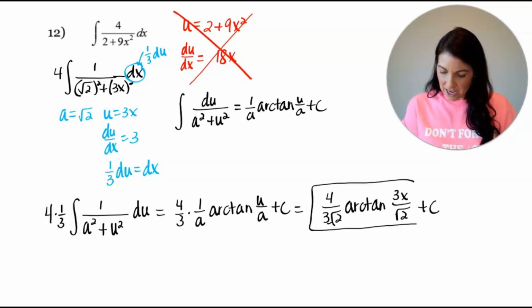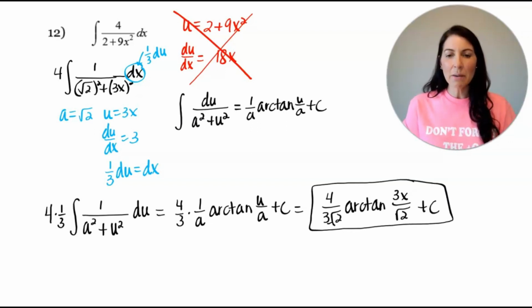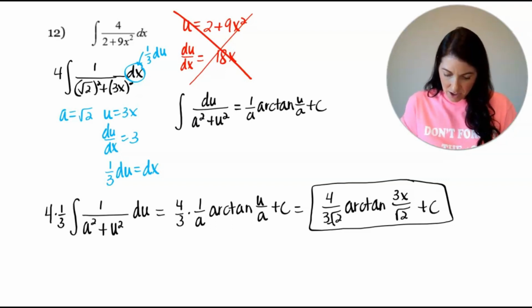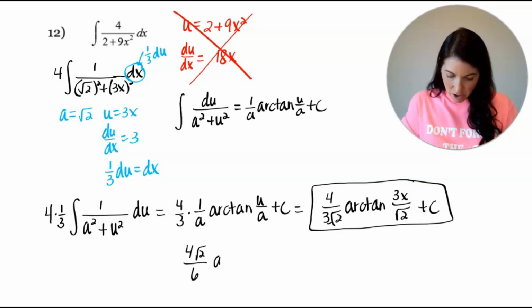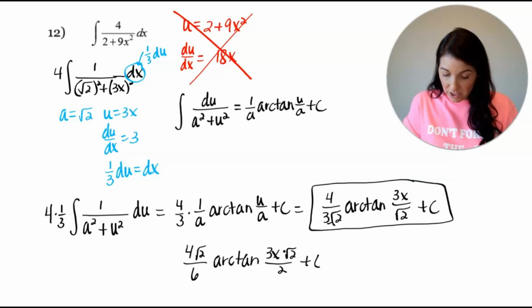And in this case, I have not rationalized the denominator, but I know some people may want to rationalize that denominator. And in that case, you would have 4 root 2 over 3 times 2, which is 6, arctangent of 3x times root 2 over 2 plus c.